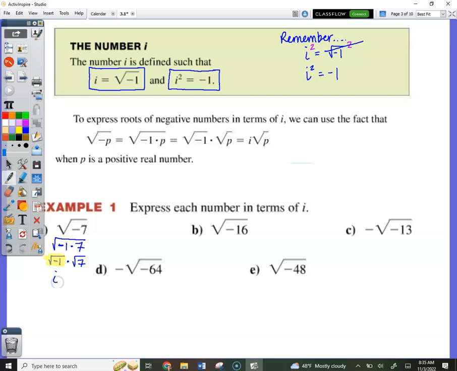This means i. And then this can come down. So now I have a square root of a positive number, but I do have an i in there to say, hey, it did come from a negative. So that's the progression that this is showing. So this equals i square root 7.